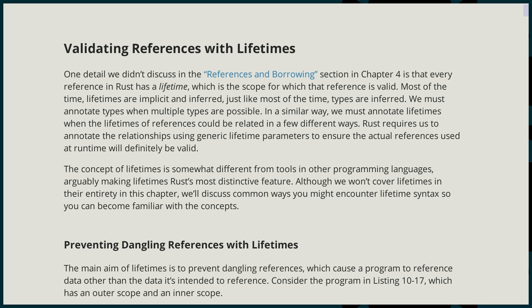We must annotate types when multiple types are possible. In a similar way, we must annotate lifetimes when the lifetimes of references could be related in a few different ways. Rust requires us to annotate the relationships using generic lifetime parameters to ensure the actual references used at runtime will definitely be valid.